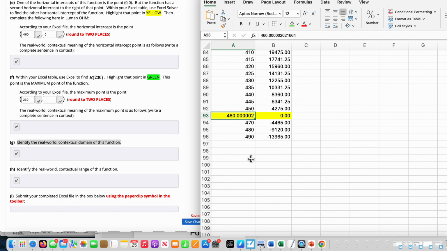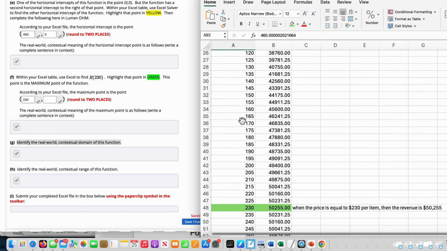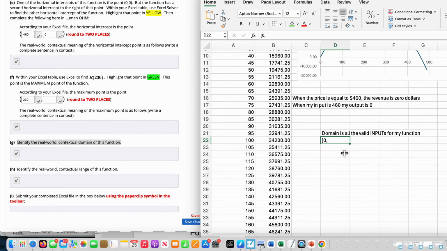So I would say that the upper end of my price would be $460. So here I would say $460, and this would say price can be from $0 up to $460.